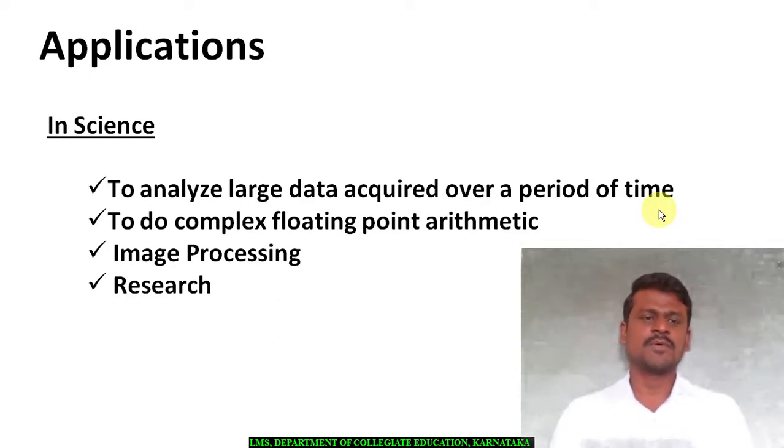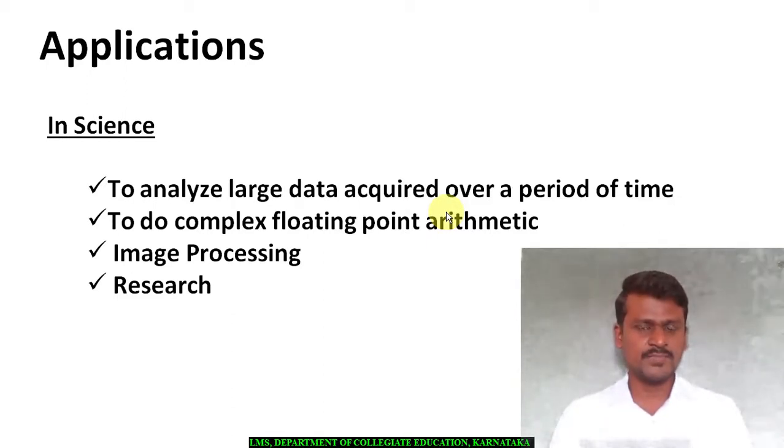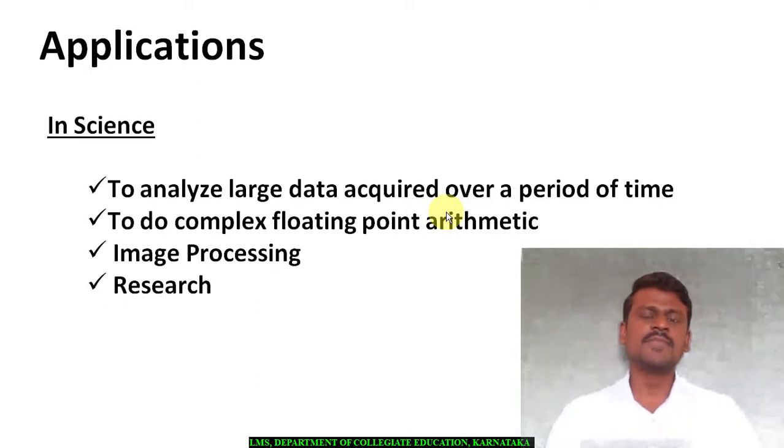So for that purpose, analysis of large data is done through a computer with a large specification, having large speed and huge storage, right? Next is to do complex floating point arithmetic.